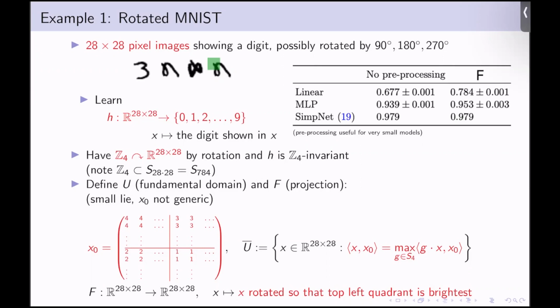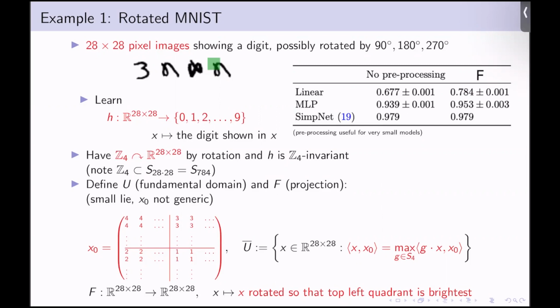Look at the first column of no pre-processing, no surprise there. The more complicated your model gets, the more expressive it is and the better the performance is. And now the last column is if we do the training and testing on the pre-processed data, where we rotated each image so that the top left quadrant is the brightest.